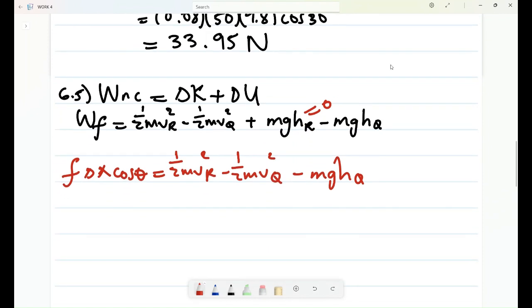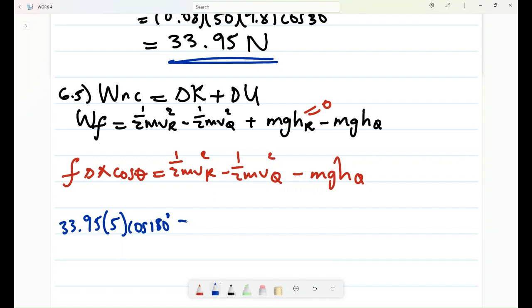So it's a matter of just substituting. What is my friction? I just calculated 33.95. My change in x is 5 meters. Cosine of 180, remember friction always opposes the motion. It is equal to half, what is my mass? 50.